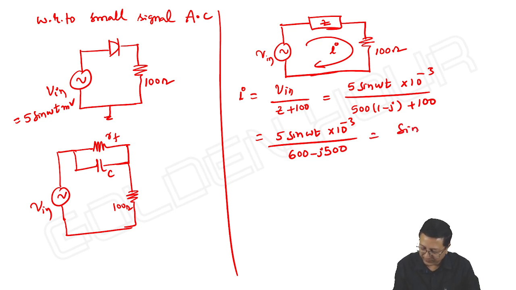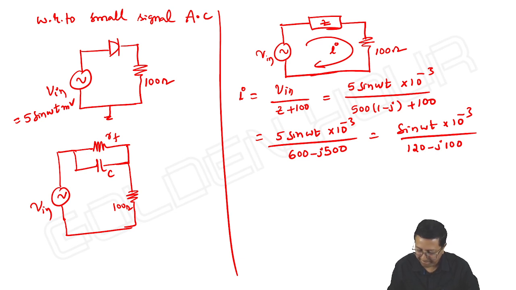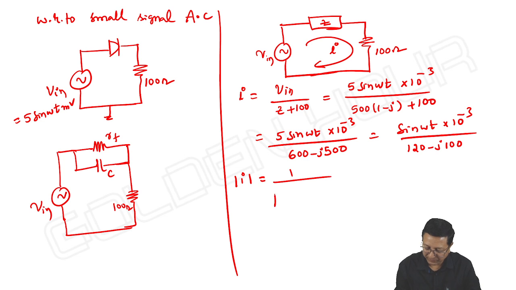Okay, it is sine omega t into 10 power minus 3 by 120 minus j 10. Okay, magnitude of the current means what we can write 1 by square root of 120 square plus 100 square. Okay, if you calculate it, so we can see 6.4 microamperes.